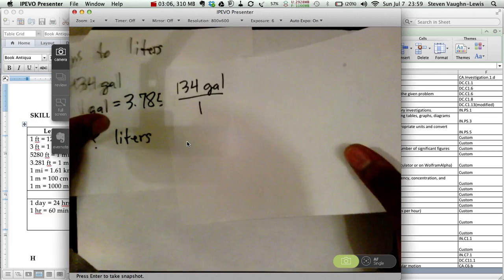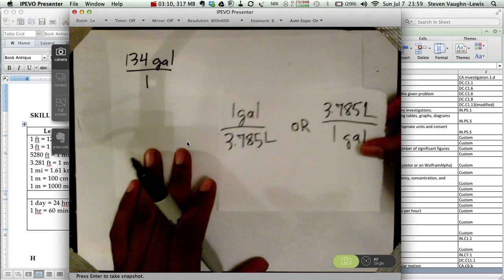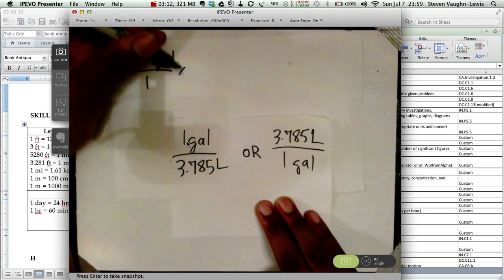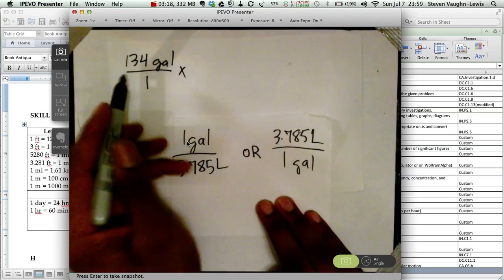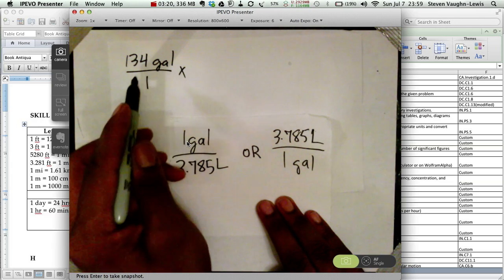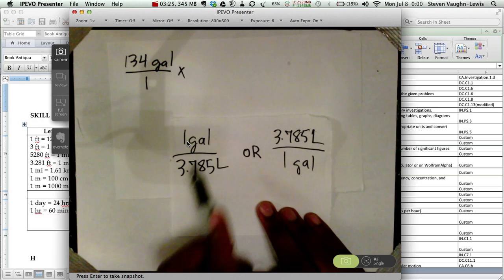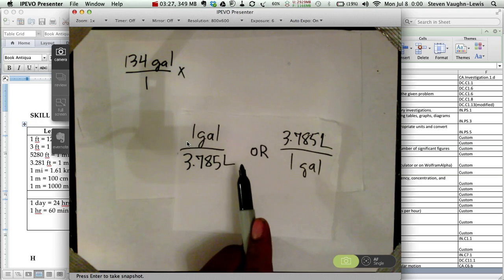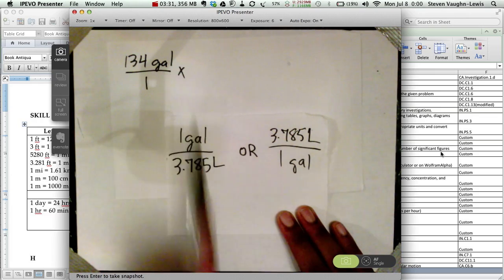So which one do we use? Well, we want to use the one that's going to let us cancel something out, always. So if I have 134 gallons on top, as the numerator of my fraction, I need to pick the conversion factor that's going to let me cancel out gallons.